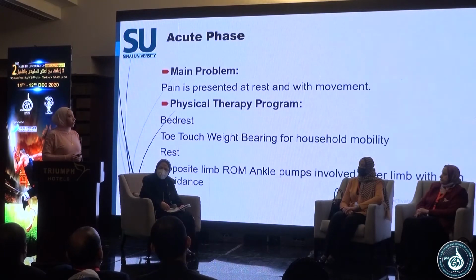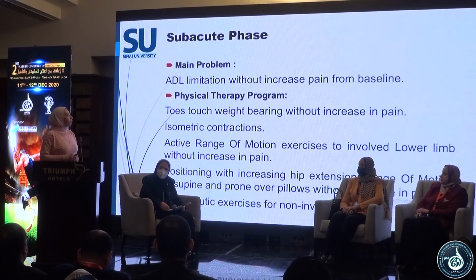In iliopsoas, the main problem in the acute stage is, as with any type of muscle bleed, pain persisting at rest. There should be pain-free toe touch weight bearing with household mobility, resting, and opposite limb ankle pump with pain avoidance as a physical therapy program.